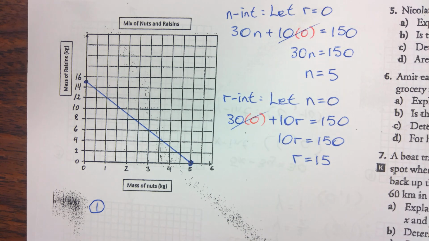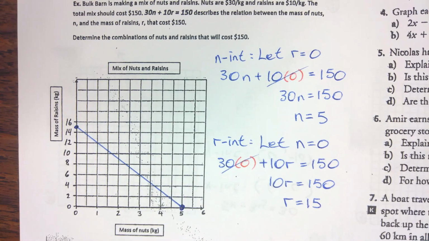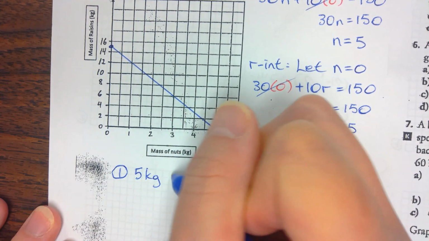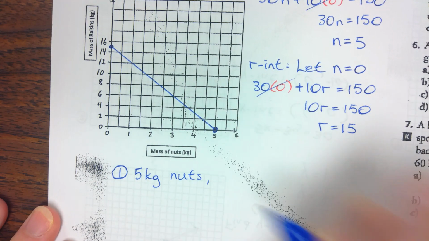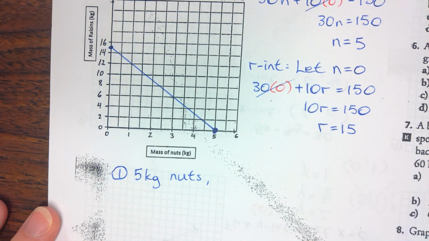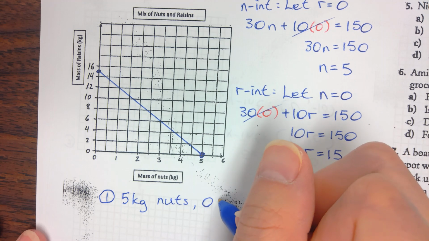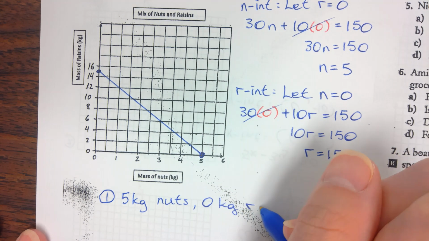But what's my unit? Not 5 pieces of nuts. Kilograms, right. So 5 kilograms of nuts. And how many kilograms of raisins? 0, because it's the x and y intercepts. So 0 kilograms of raisins.